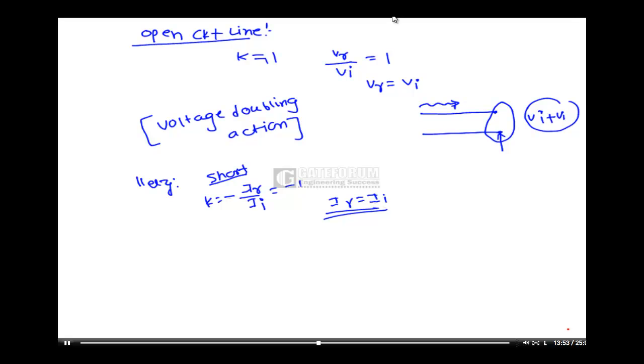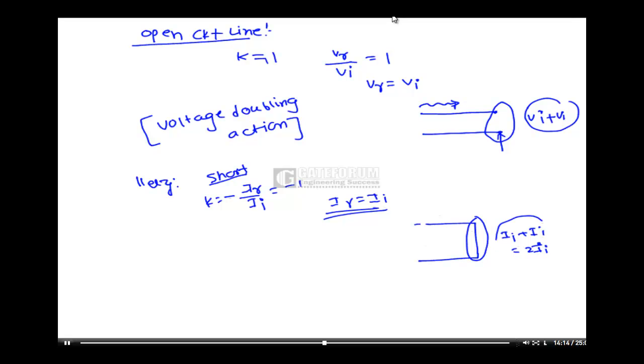If you calculate the current at the load end of a short circuit, the incident one is IA and the reflected one is again IA. So II plus II, total II plus IA, becomes 2 II.